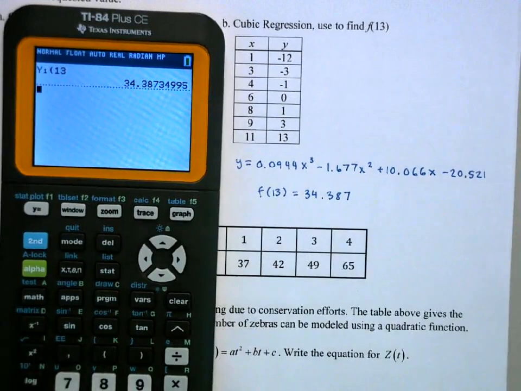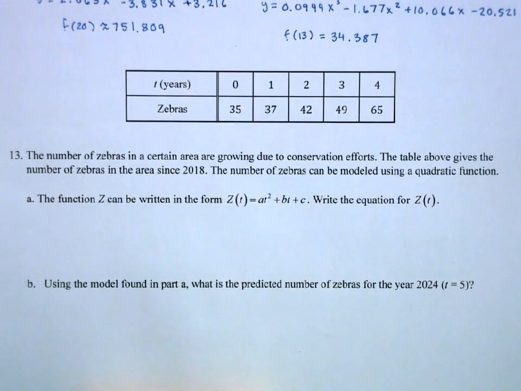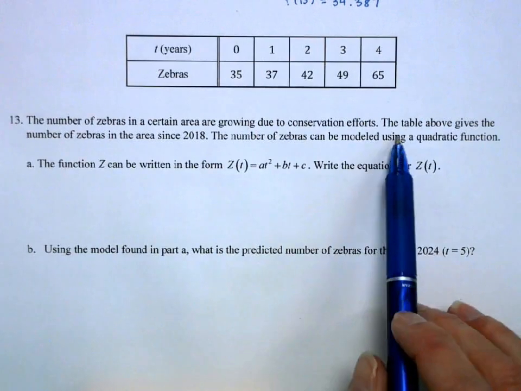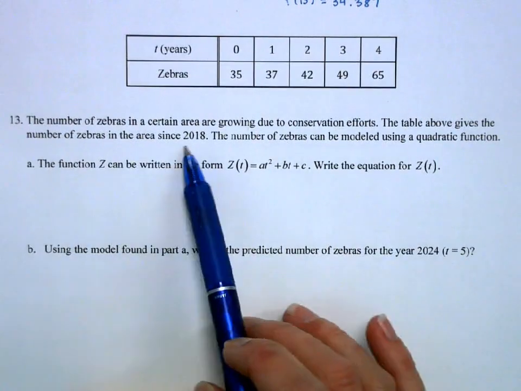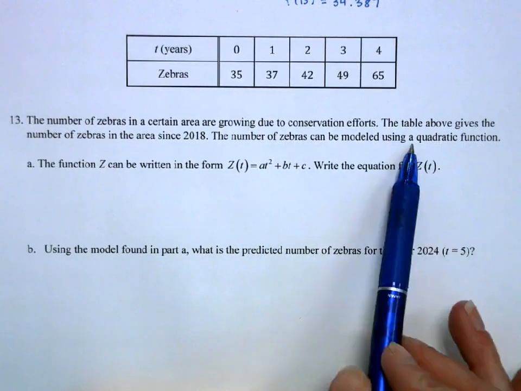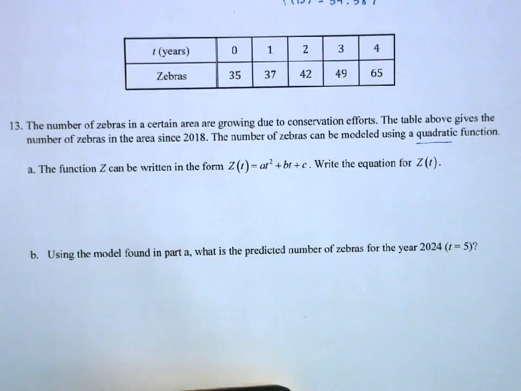Okay. So our last example, the number of zebras in a certain area are growing due to conservation efforts. The table gives the number of zebras since 2018. The number of zebras can be modeled using a quadratic function. So we're going to write it in the form a t squared plus bt plus c. So I've already entered my data.